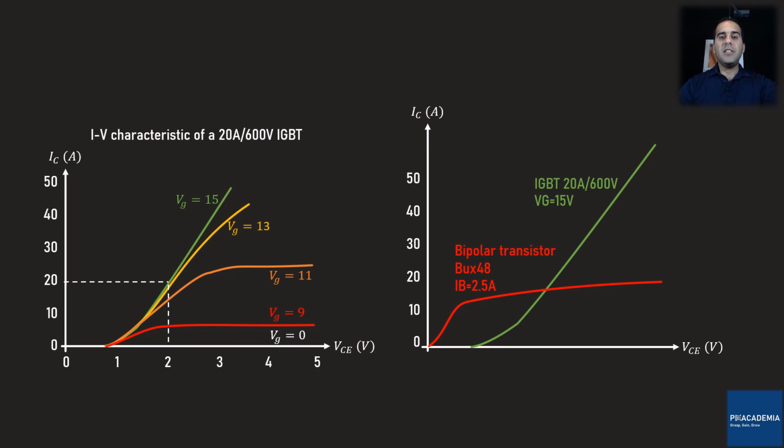As you can see, this BJT does not even reach 20 ampere, although its base current is 2.5 amps. For any collector current below 14 ampere, the BJT has a forward voltage drop smaller than that of the IGBT. However, for a current greater than 14 ampere, the IGBT provides a smaller voltage drop.